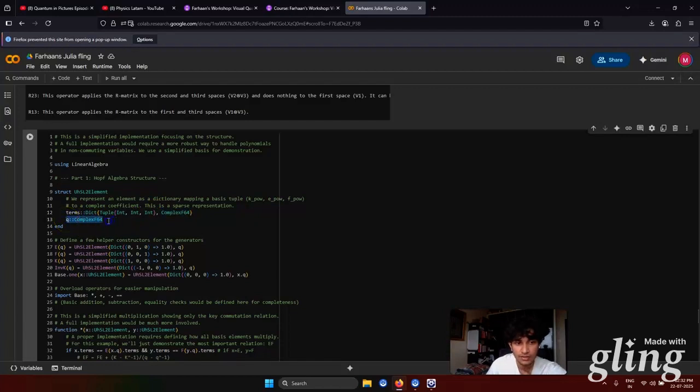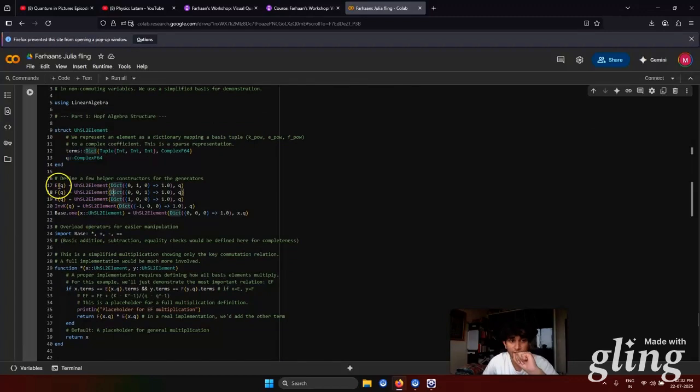So q is going to be that number. Any given element inside our quantum group is going to have 4 values: 3 of them are the generators, and the last one is our deformation parameter, which is q.